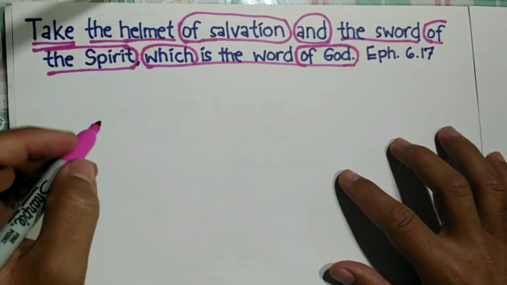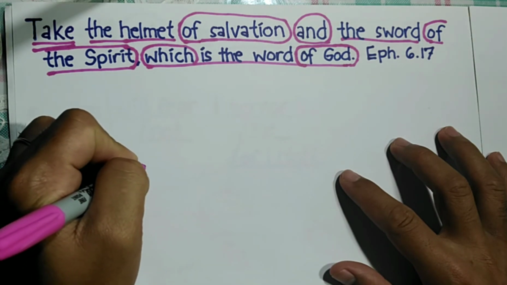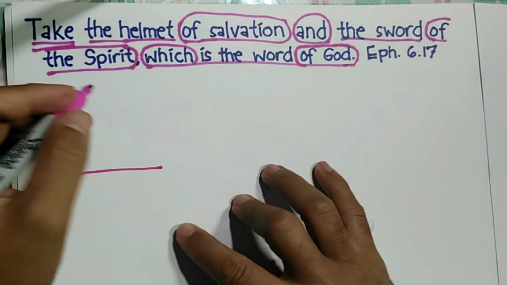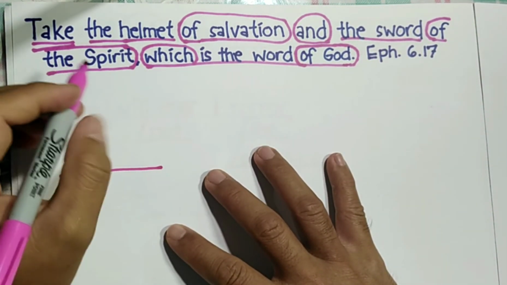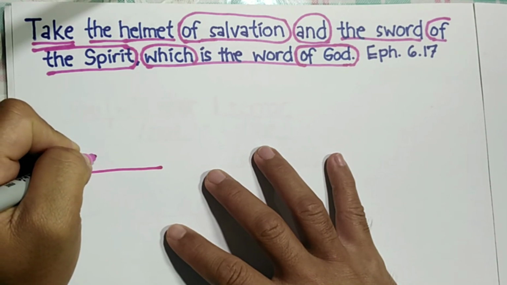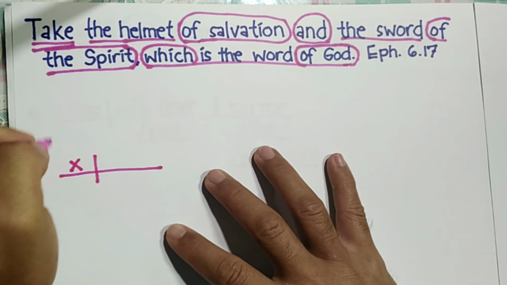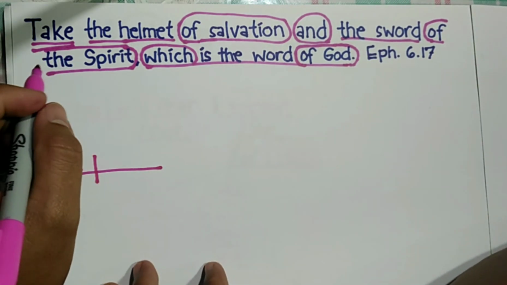Let's first write the word take. Put it in the middle. The subject is not stated there, it's omitted, so I'll put an X, or you may supply, in open and close parentheses, you, because it's understood that the subject is you.